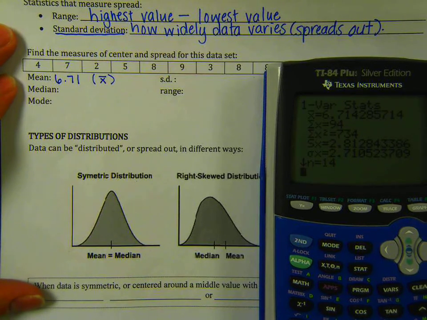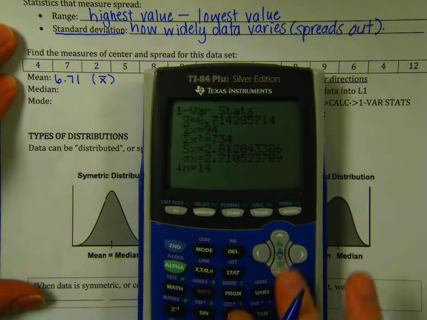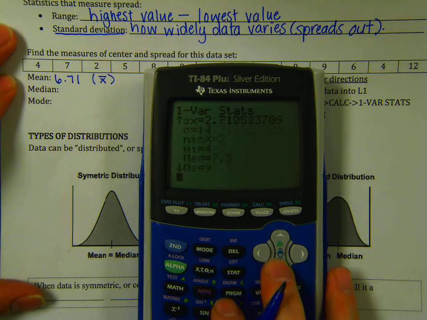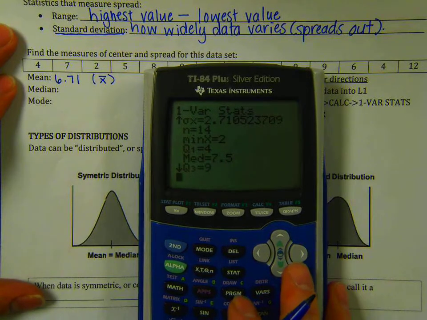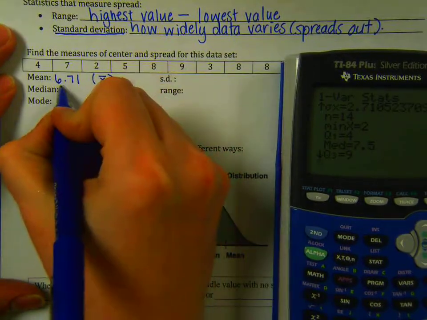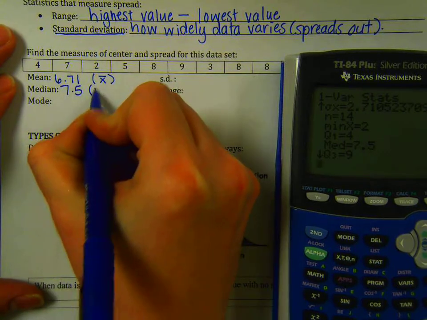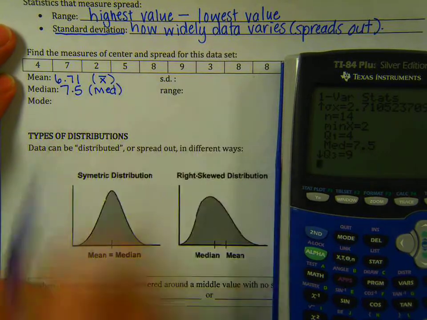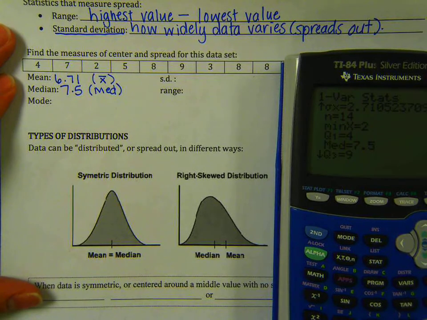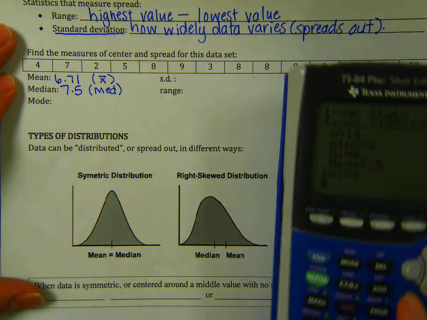Now we need to look at our median, and that's in your calculator as well. You just have to scroll down. MED stands for median, so 7.5 is my median. And that looks like MED. Mode, that's something you can't get from the calculator. You actually have to look at your data.